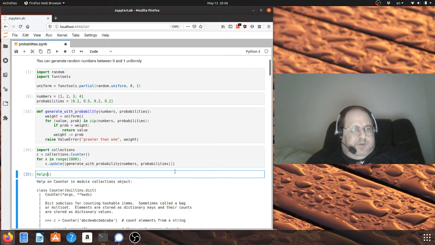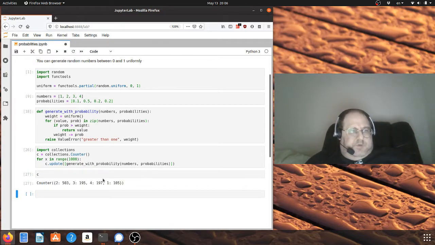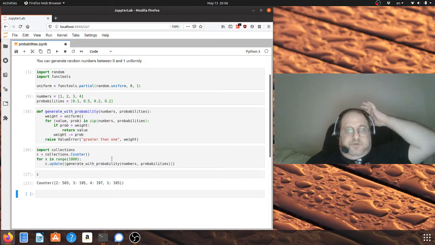Okay, and let's now look at C. So you see that 2 is about 500, about half. 3 is about 200, 4 is about 200, and 1 is 100, right? So that's at least anecdotal evidence that I'm actually generating something with the right probabilities.